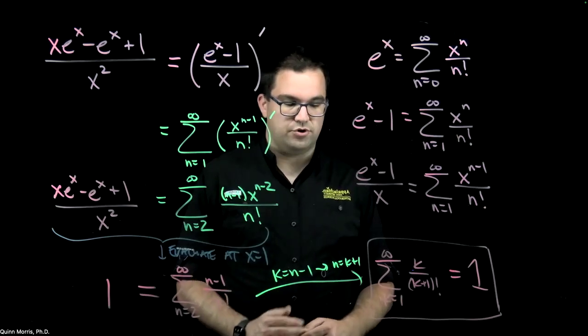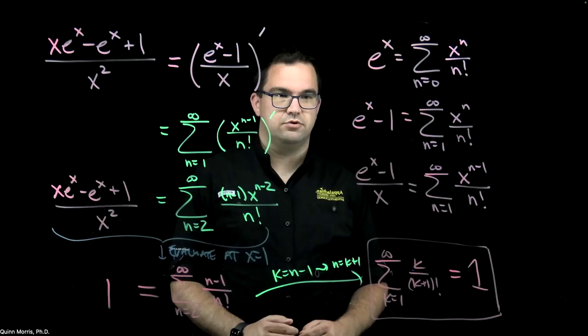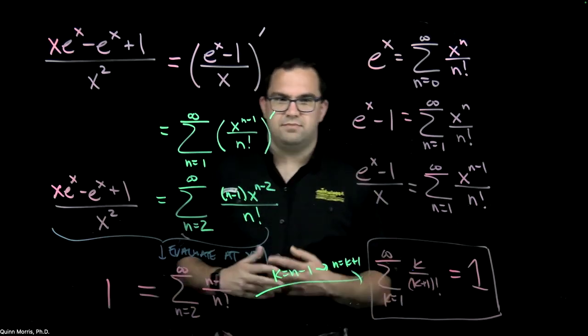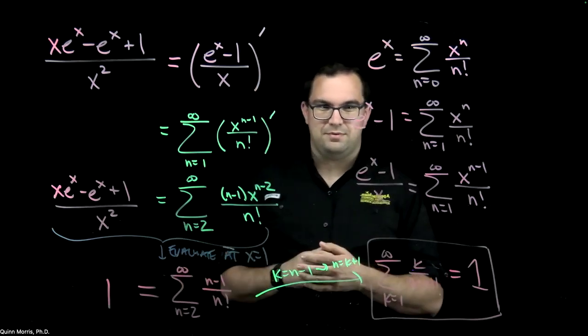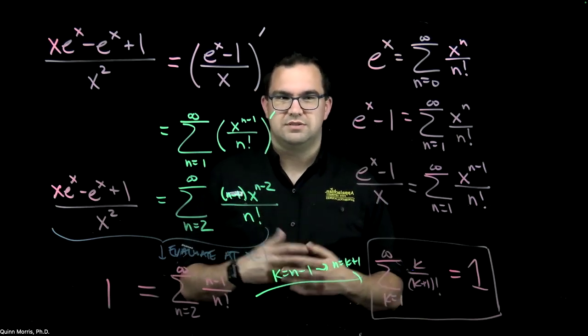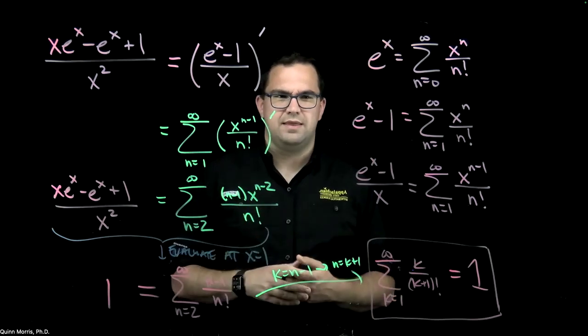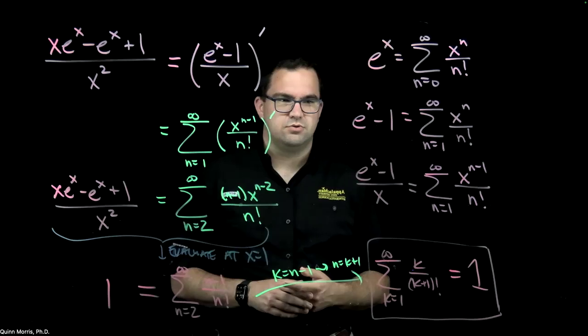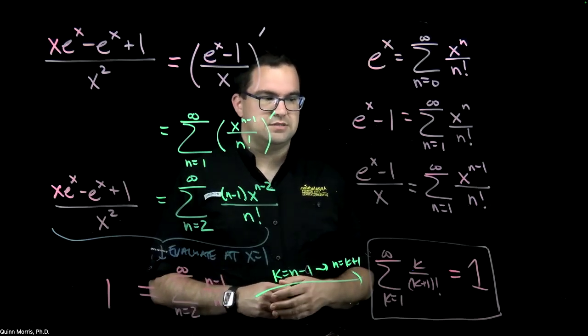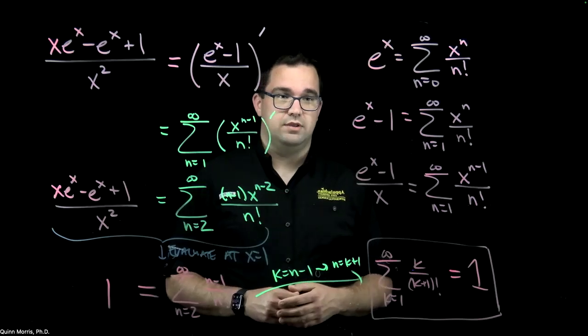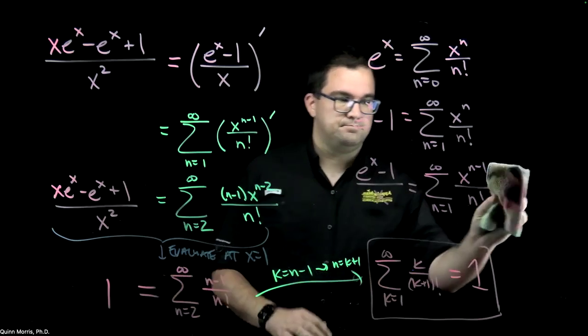There are other methods for determining values to which series converge. There are some combinatorial methods, things that deal with counting type problems. You can sometimes use things from statistics or probability theory. But in this case, using the tools that we have from Taylor series can be very helpful in determining these.